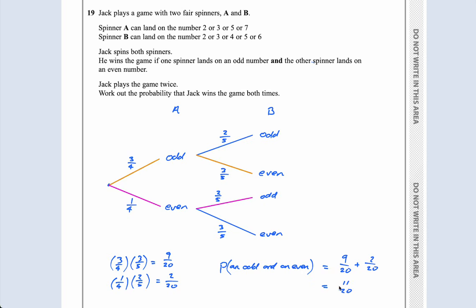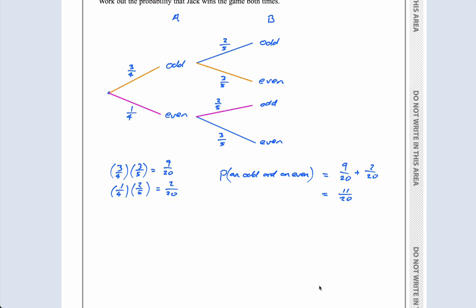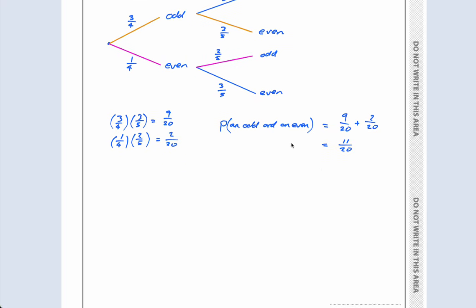Now I'm not done yet. That's the probability that if he spins A and B, he'll get an odd number and an even number. But, as if it wasn't hard enough, Jack says he's going to play the game twice. So he needs to win it both times. He's playing it twice. It's completely independent, so I can just multiply this by itself, or square it.